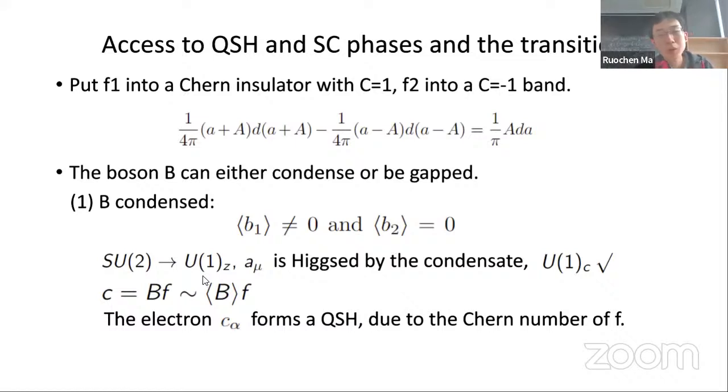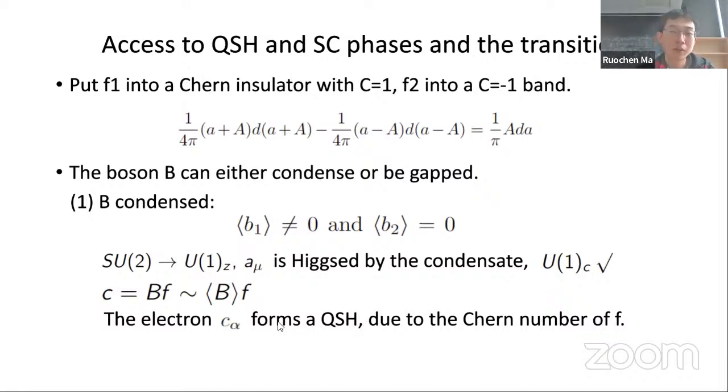Moreover, the physical fermion now can be identified with the F parton, with a renormalized quasi-particle residue, which is the vacuum expectation value of this B boson. And what is the resulting phase? The resulting phase is simply a quantum spin Hall insulator formed by the physical electron due to the Chern number of the F fermion.